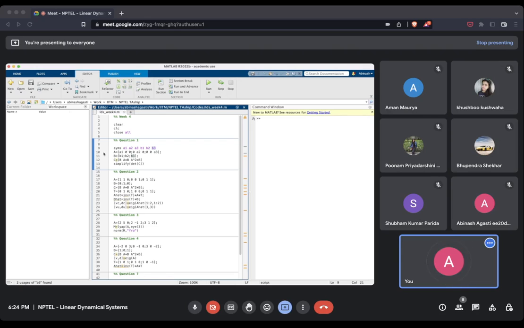Then I declare the matrices A and B as in our question. So A is a diagonal matrix with a1, a2, a3 in the diagonal, and B is a column vector with b1, b2, b3. Then I find the controllability matrix, which is given by B, AB, A square B. Right. Let's see what's happening. Let's first do this.